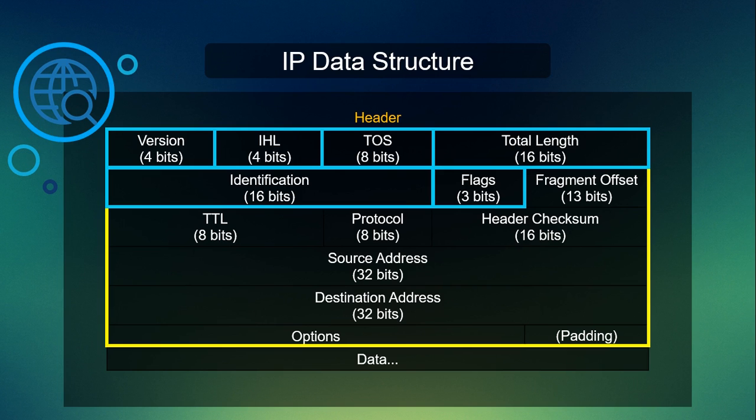The third bit is unused and always set to 0. Fragment offset indicates the position of this fragment in the original packet. In the first packet of a fragment stream, the offset will be 0.